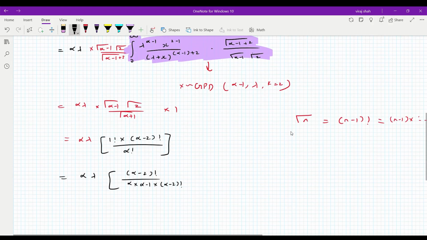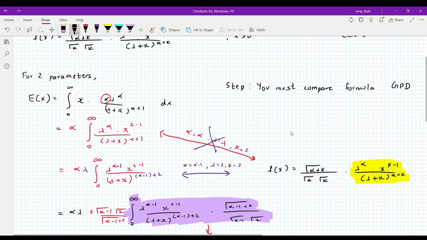It is just written like 8 factorial is equal to 8 into 7 into 6 factorial. Now we can simplify it. Alpha minus 2 factorial gets cancelled, alpha gets cancelled, and we are left with lambda upon alpha minus 1. If you see, this is exactly the same answer as the previous case, right?